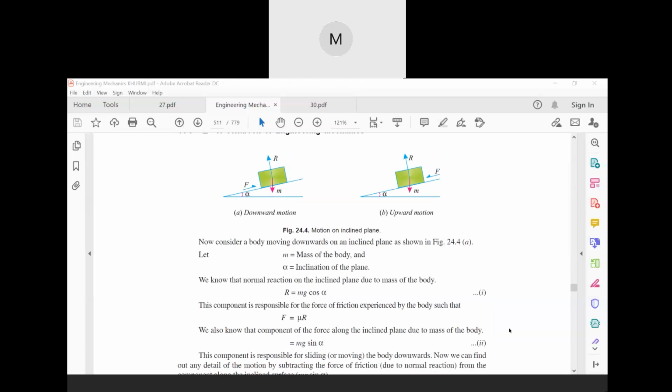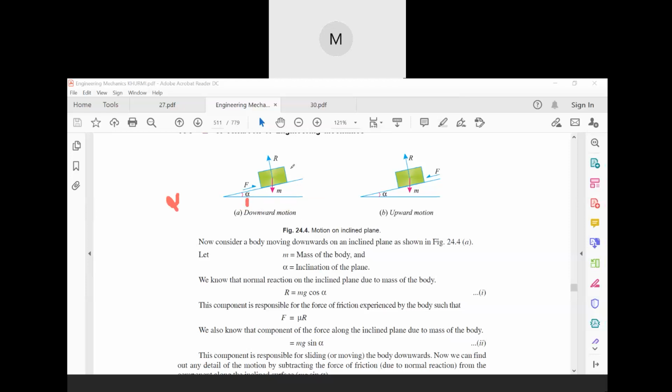So if the surface is a bit slanting, then from this figure, let me show you, the surface is inclined at an angle alpha.